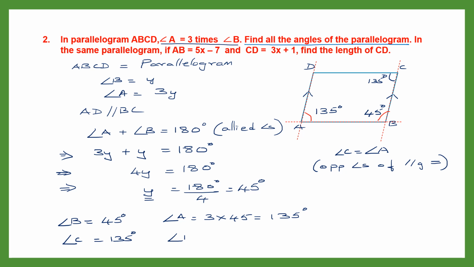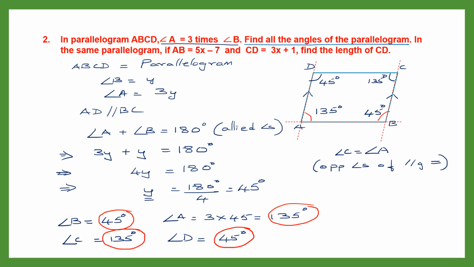Now we can find angle D also, because here again we can use the property that opposite angles of a parallelogram are equal, and D is opposite B. So this is also 45 degrees. So angle D is 45 degrees. Now we have all four angles. Angle A is 135 degrees, B is 45, C is 135, and D is 45 degrees. So we have found the answer to the first part of the question.